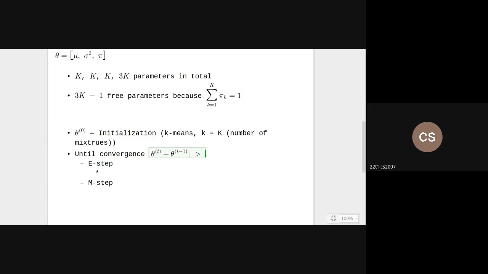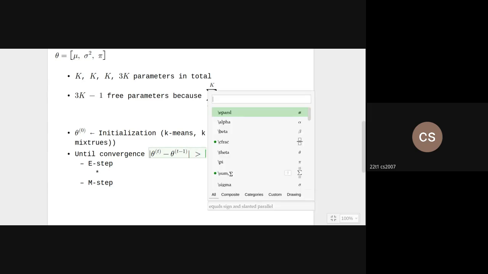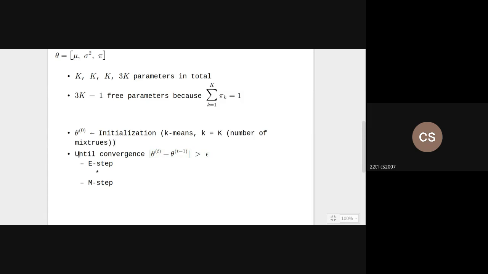It's not less than, it's greater than. So while the distance between my current estimate and previous estimate is greater than some threshold, keep going on, continue doing the computations, because I want my values to be very close to each other. Only then I want to stop. Currently, the parameters are not close to each other. They exceed some minimum cutoff defined by me, which is epsilon. So until this is greater than epsilon, keep going.